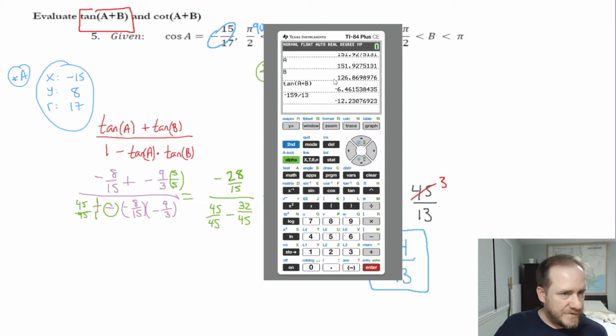You should be finding that B is 126, blah, blah, blah. And then hopefully you find that our newest answer, negative 84 over 13. All right, mini drum roll. Yeah, we got it. So it's the 84 over 13.